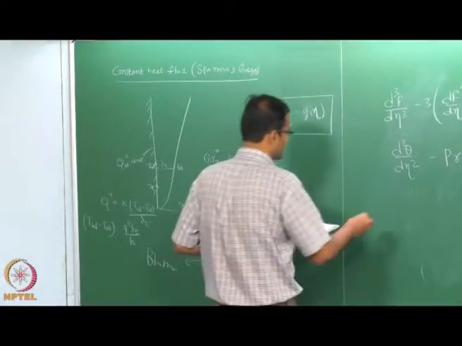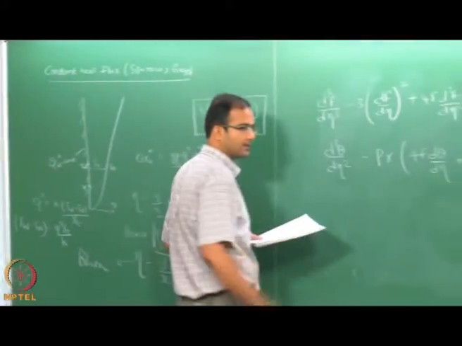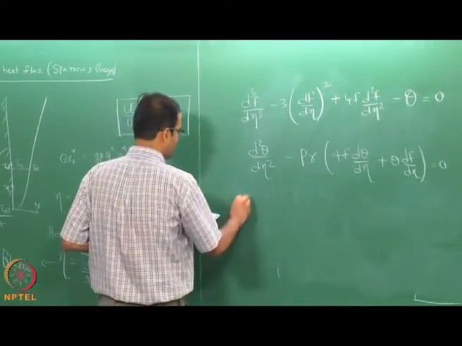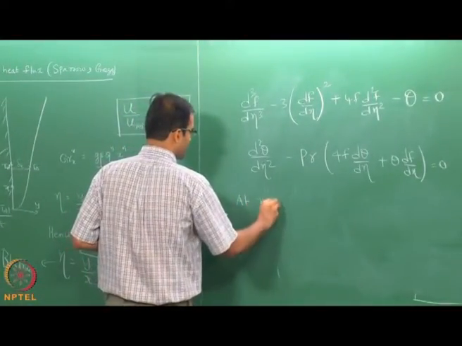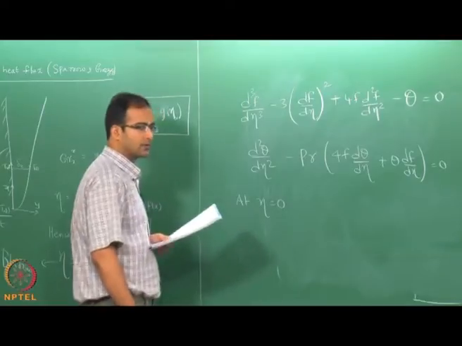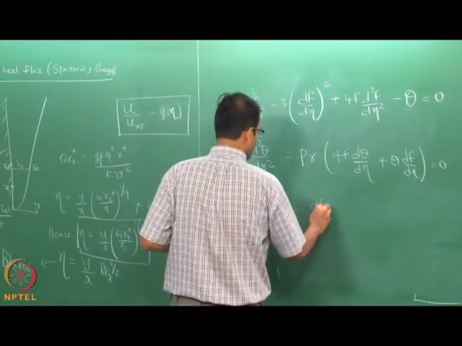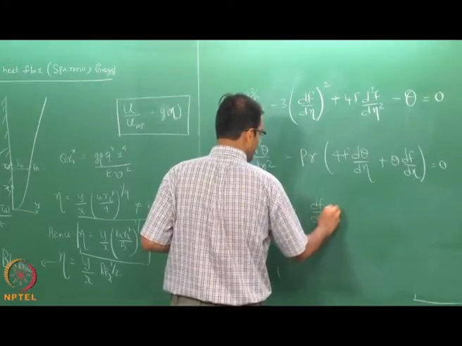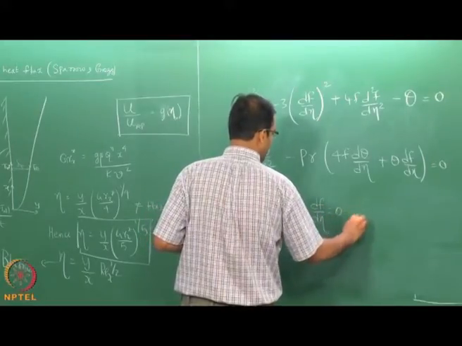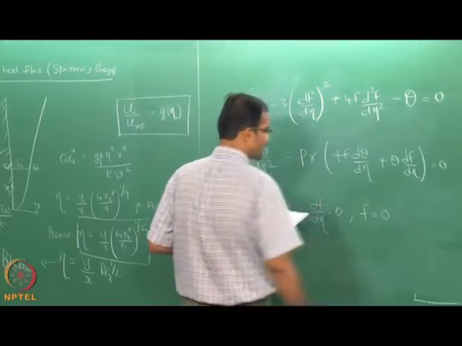We know that the set of flow boundary conditions satisfy that at y equal to 0, that is at eta equal to 0, both u and v are 0, which indicates that df by d eta is equal to 0 and also f is equal to 0.